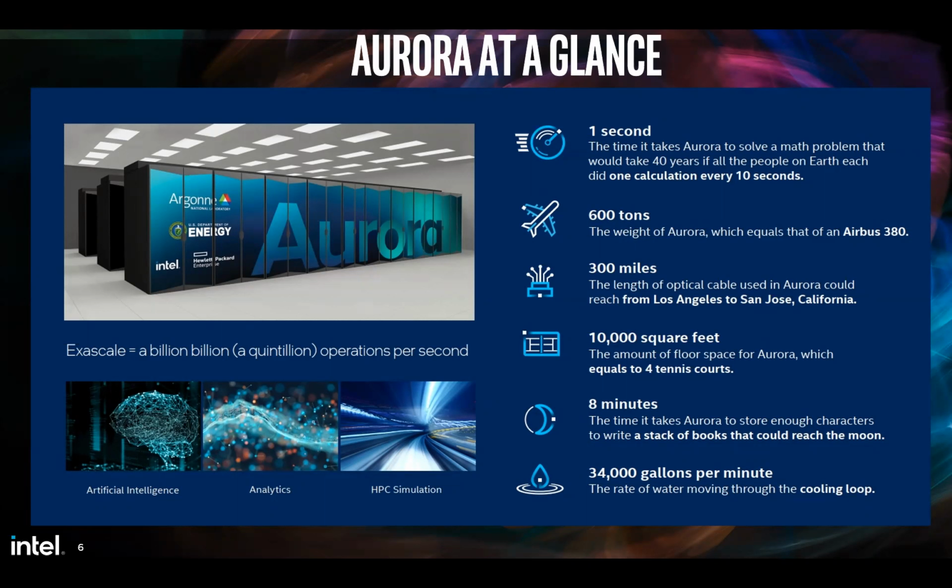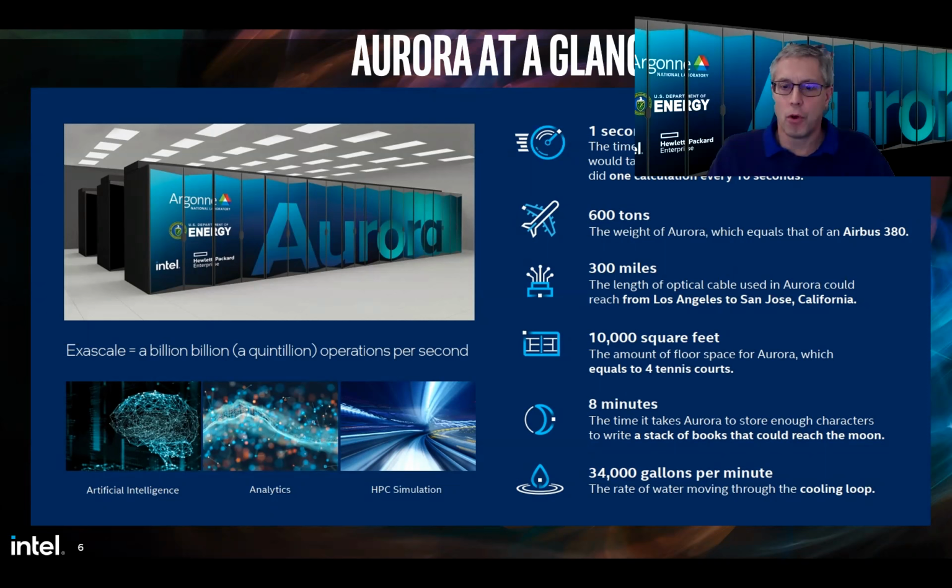If everybody on Earth, all 8 billion-ish people, did that, and they were able to punch it into a calculator once every 10 seconds, it would take 40 years for all of us to do something that Aurora will be able to do in just 1 second.